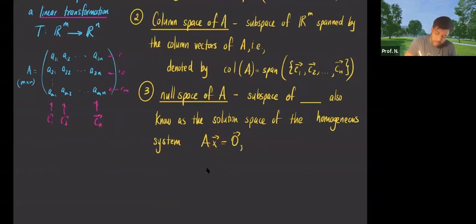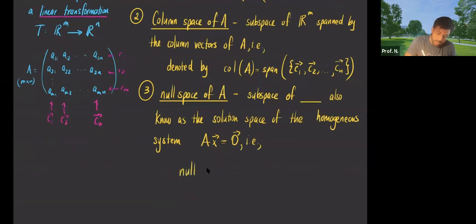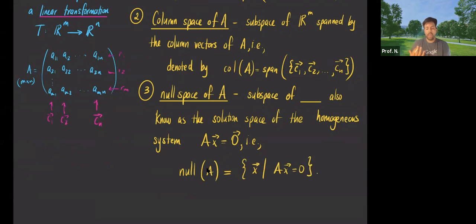So in other words, the null space of A is equal to all the vectors such that AX equals 0. So if you are a column vector that multiplies with A to give me 0, then you're considered in the null space of that matrix.